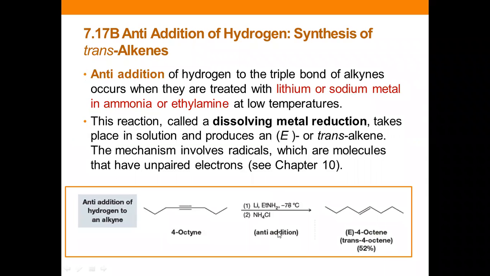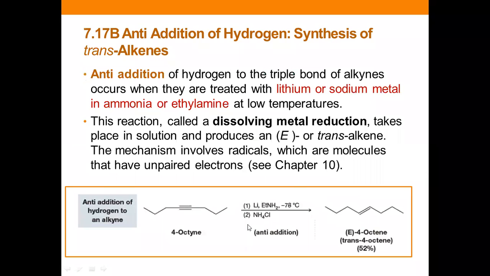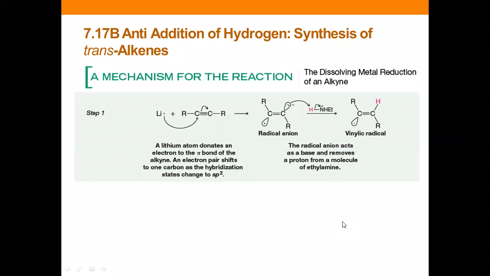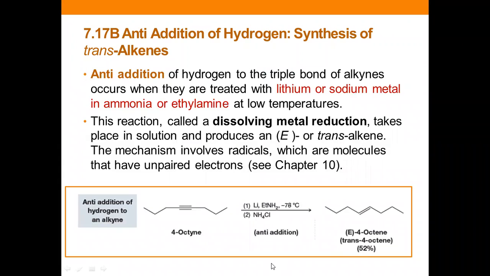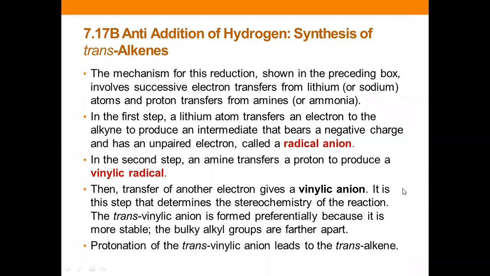Since you get an ethyl amide, we can further acidify that with ammonium chloride to recover the ethylamine, once you get your proton here. That's why there is a second step, just in case you want. Basically, in step 2, you already recover your trans-alkene. So that's the anti-addition.